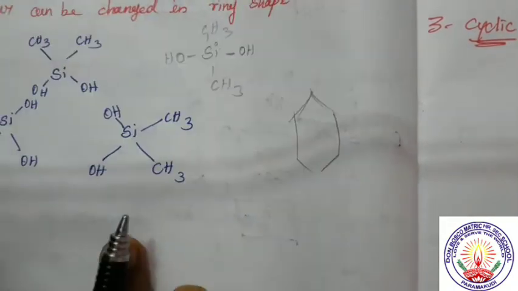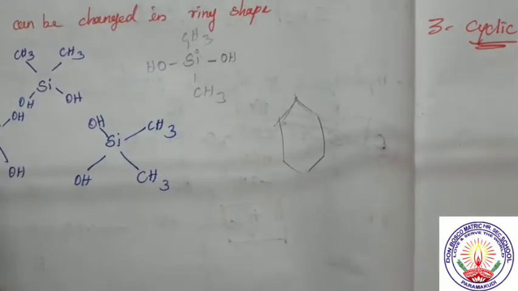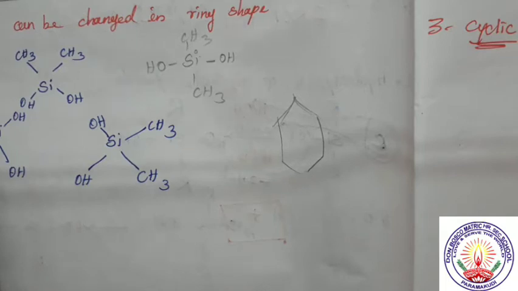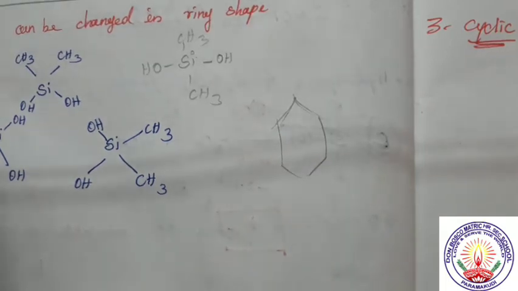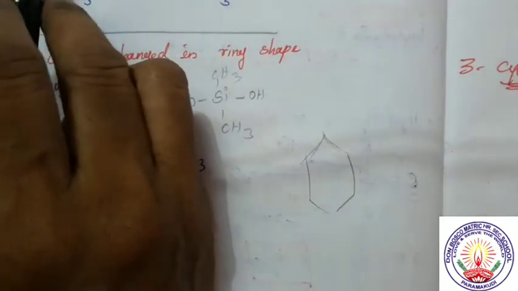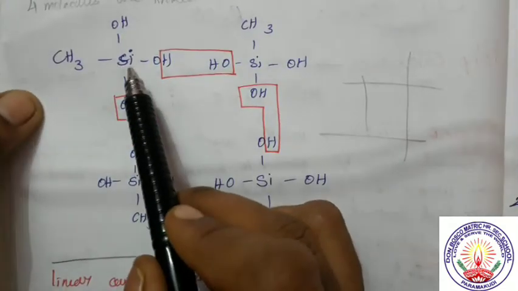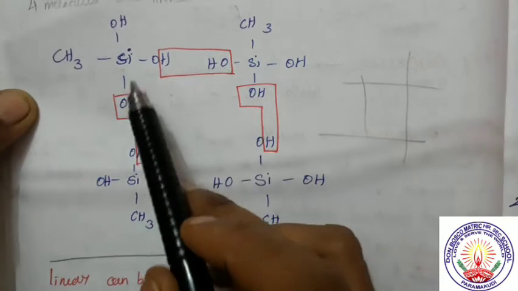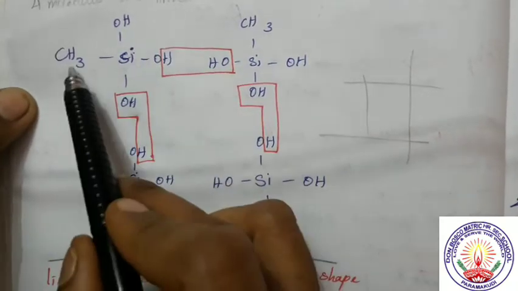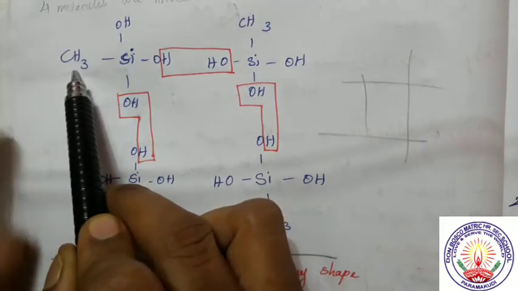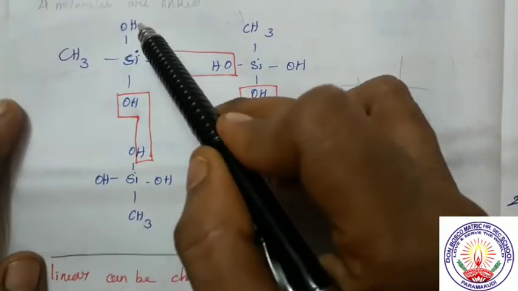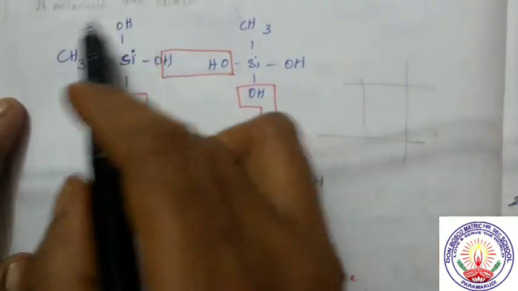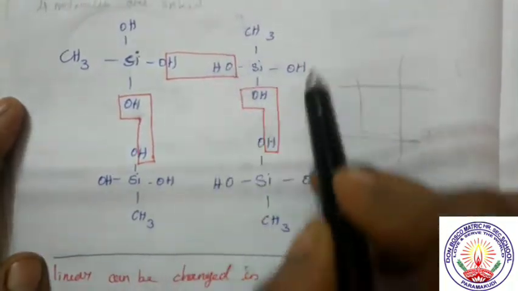See, and also this forms complex. Now see the other here, 4 molecules are there, that same unit that we saw previously, that is silicon, R alkyl, one alkyl and OH. So like that we have 4 units.